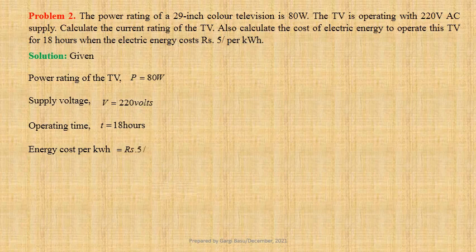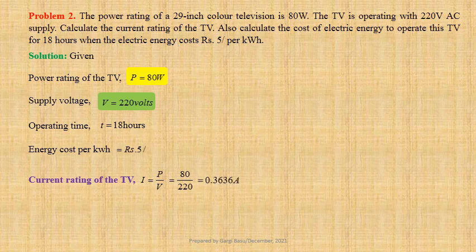Assuming unity power factor, let us calculate current rating of the TV. I = P divided by V. Using values we get 80 divided by 220, that is equal to 0.3636 ampere.